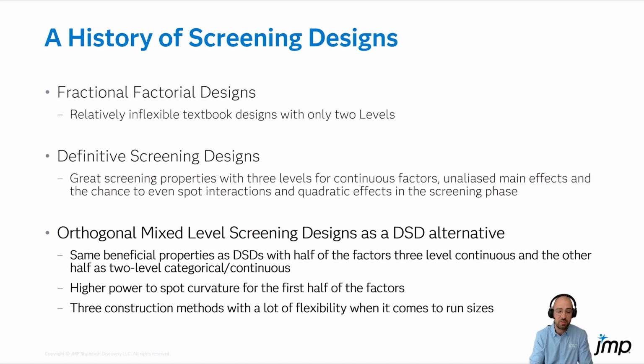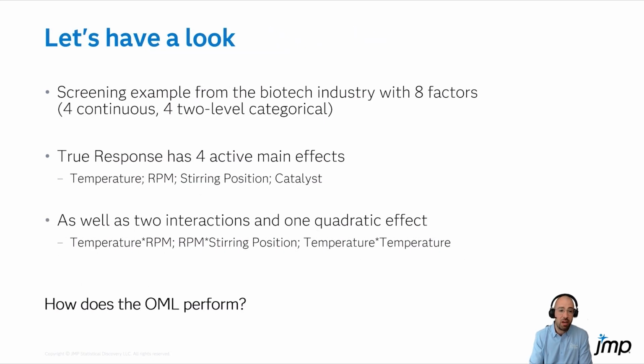These OML designs have the same beneficial properties as DSDs, but half of the factors are 3-level continuous and the other half are constructed as 2-level categorical or continuous factors. With the first half of factors, we even have a higher power of spotting curvature compared to DSDs, and we have 3 construction methods, which gives us a lot of flexibility when it comes to the number of runs of our design. So let's have a look at a practical example.